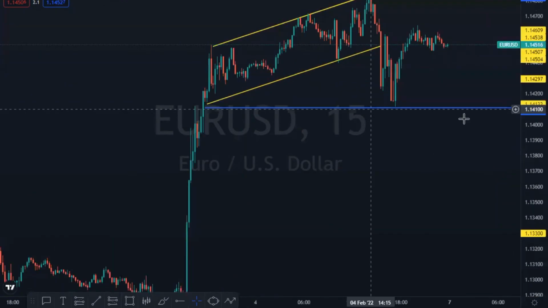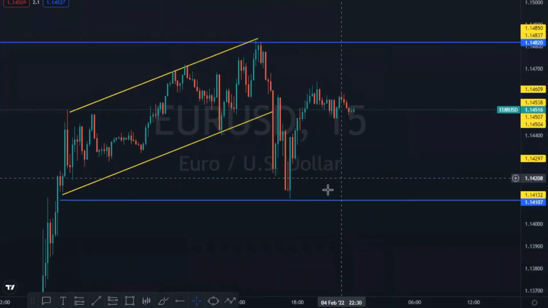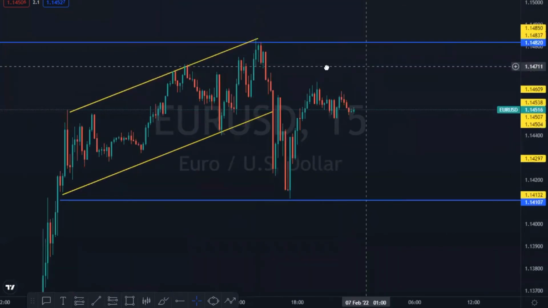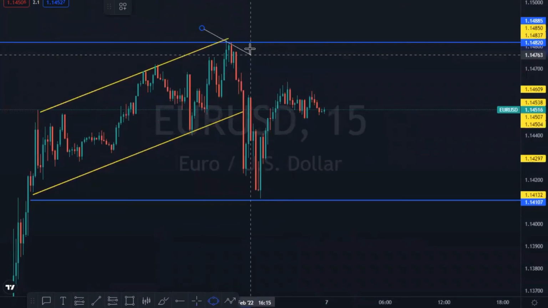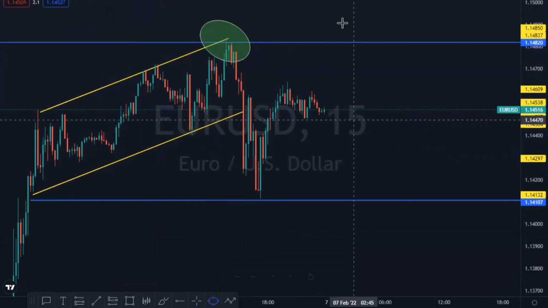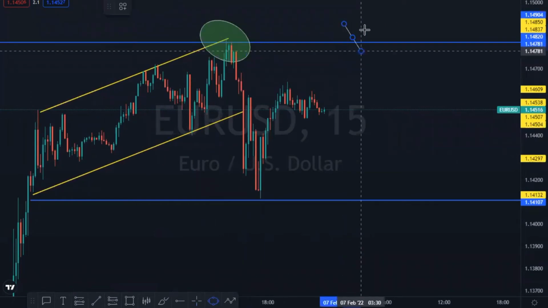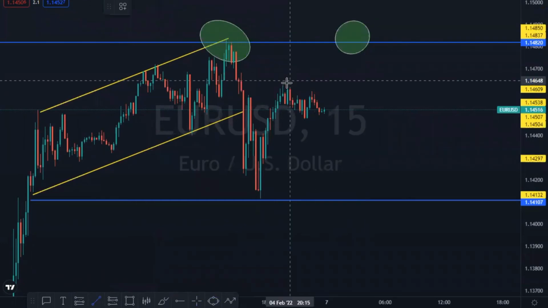So let's zoom in and focus on the current market. If you look here, we are forming a double top on this 15 minutes time frame, this being our first peak. Then the market might be forming a second peak. How do we know that?